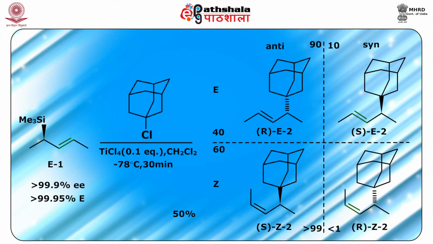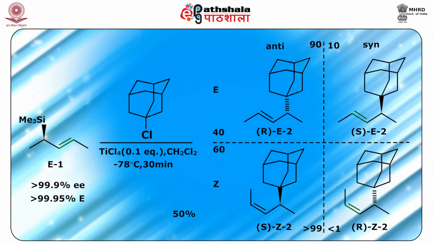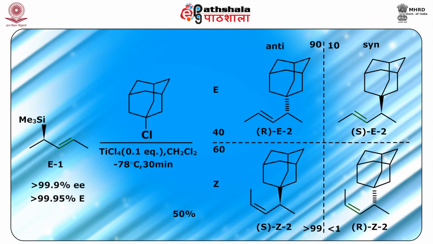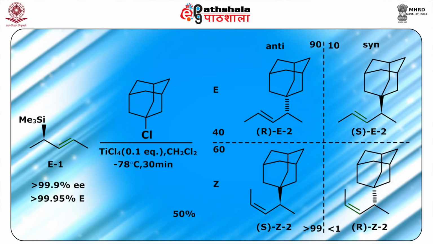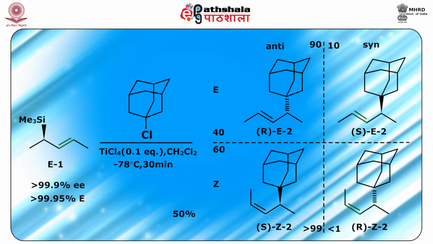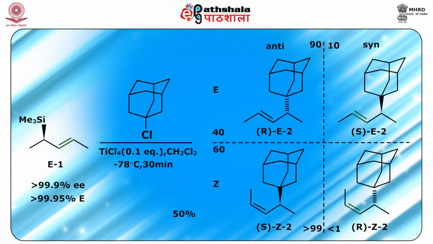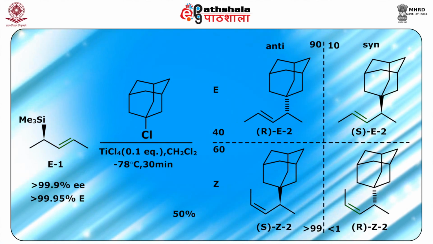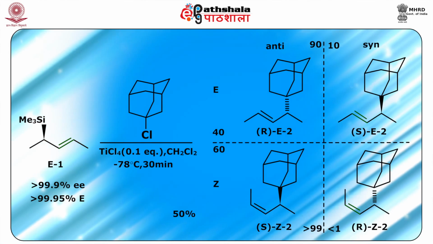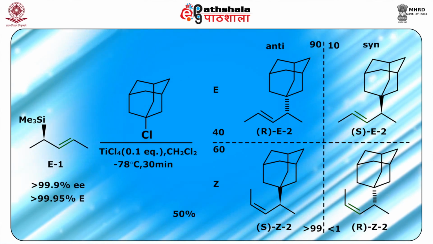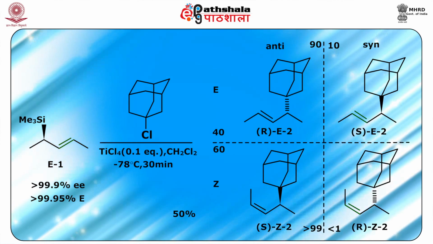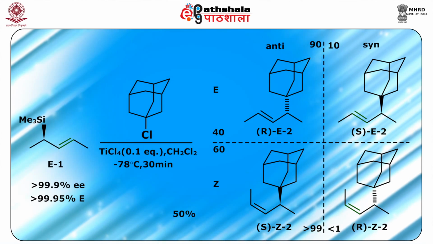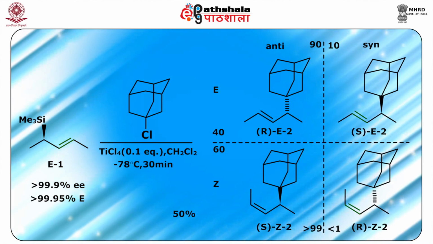So, as you can see here, starting from this methyl silane at the allylic position, and we are taking this in almost 99.9% enantiomeric excess, the pure form, and when this is reacted with this bulky electrophile, what you get is that this is coming at this position, and you can notice the double bond is going to the rearranged position, and you can clearly see that there is a high degree of stereospecificity in this reaction which is happening via the rearrangement.